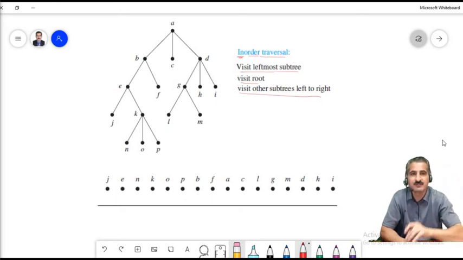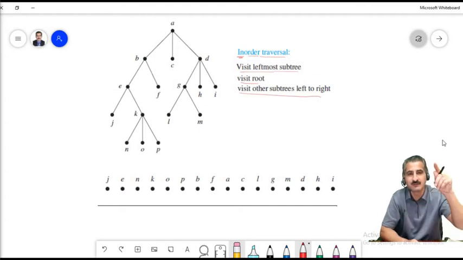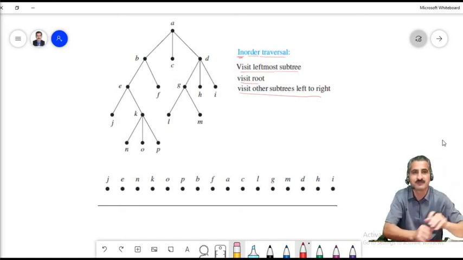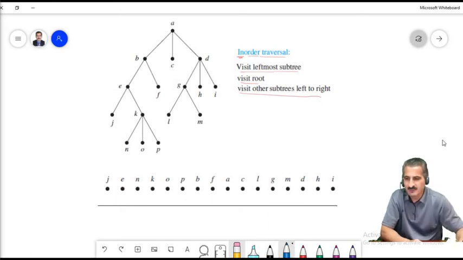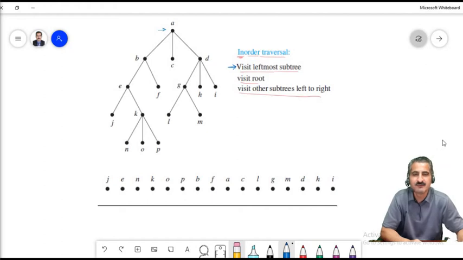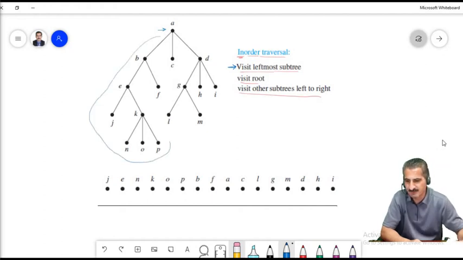The in-order requires you to go to the left subtree. When you are done, take the root and then go to the right subtrees in order from left to right. Okay? So let's see. Once we start at A, we will not take it because we want to go to the leftmost subtree of A, which is this subtree.